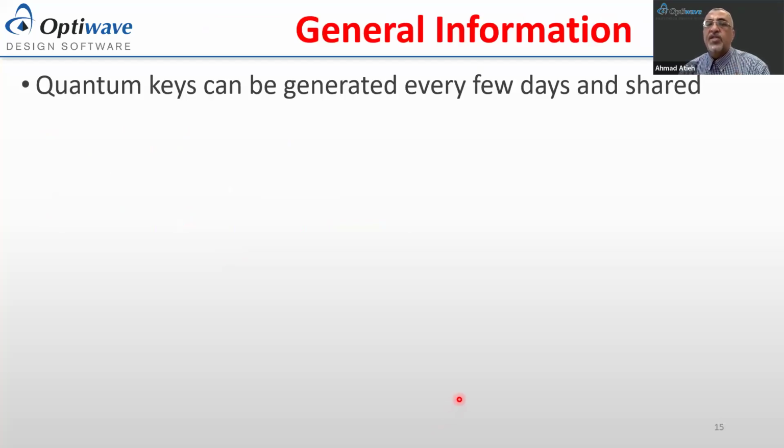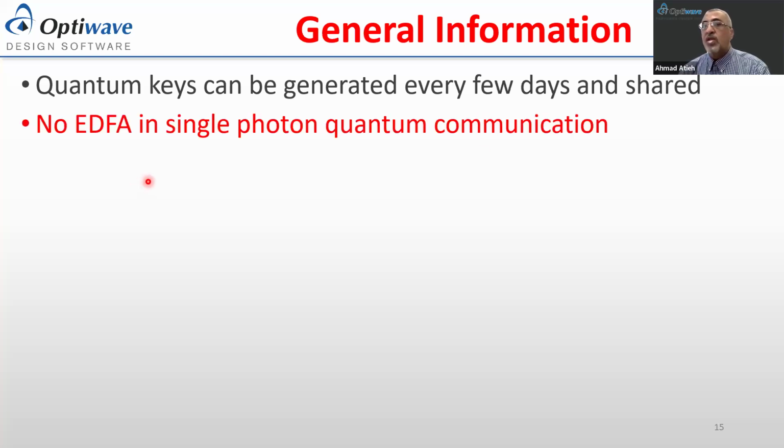Okay, now here I'm just going to give some general information about quantum key distribution and how it is used in practice. Typically, you have quantum key generated, usually every few days and shared between users. We don't use quantum key distribution with some algorithms, especially when we are using single photons, because of the noise of this EDFA, so it's going to block these photons.